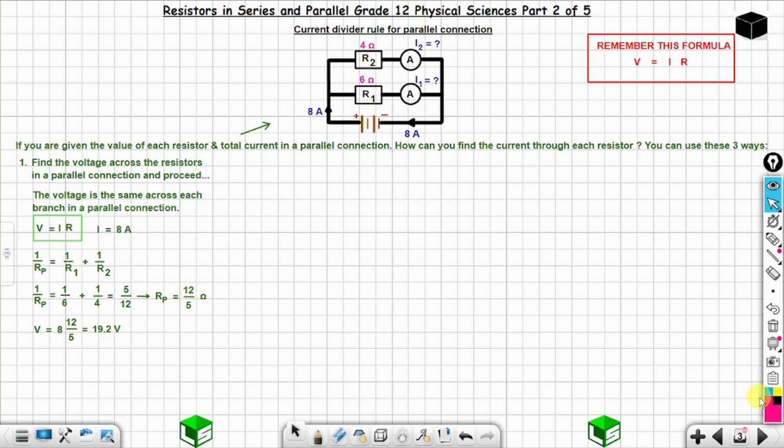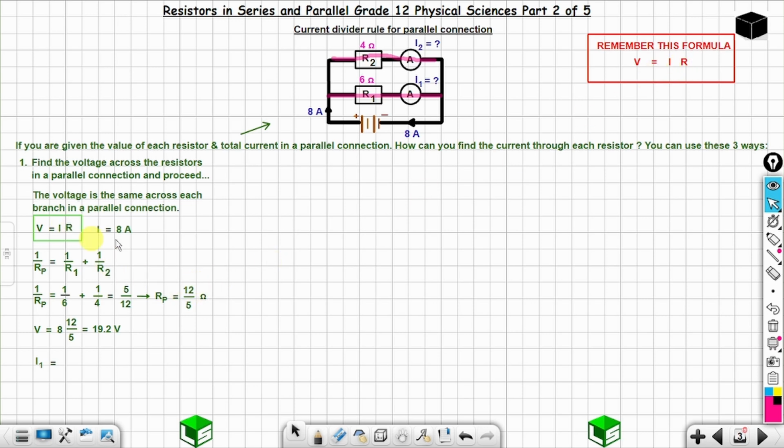So you have 19.2 volts across this branch and 19.2 volts across this branch. Now you can calculate I1 and then I2. I1 is equal to, you are going to use this formula. You need the current.